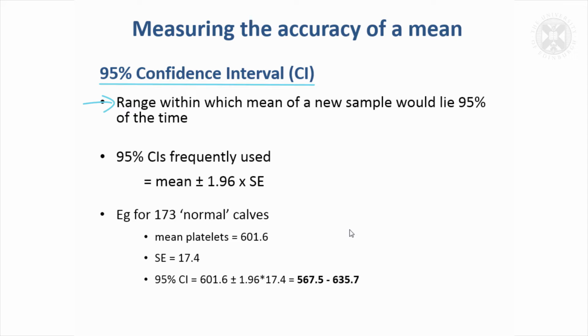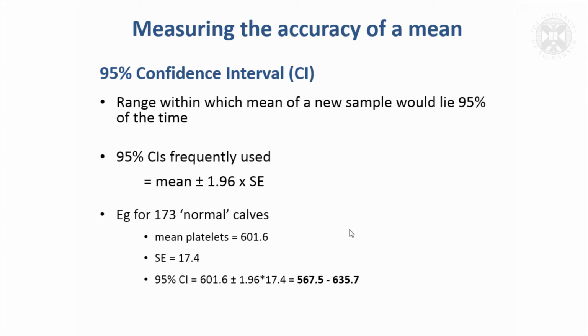So if you take a new mean with the same number of data points, it would give you a range within which you are more or less certain that the new mean value would lie. It's calculated using a simple formula from the mean and the standard error. I'll mention in a minute where this 1.96 comes in, but it's basically the mean value plus or minus 1.96 multiplied by the standard error.